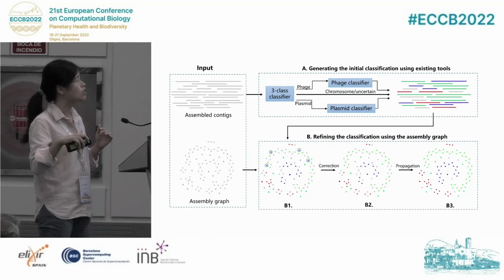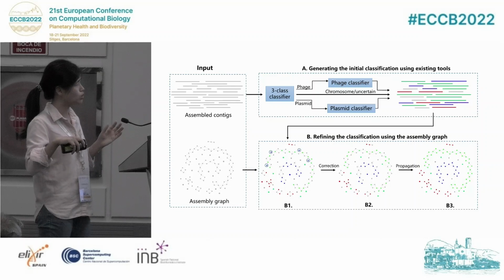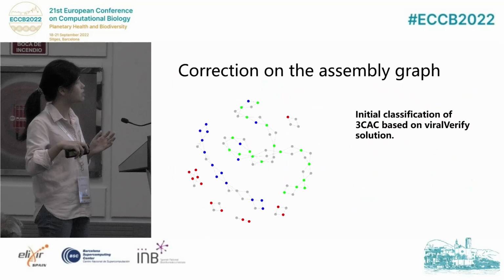So we further use the phage classifier and the plasmid classifier to filter chromosome contigs in the phage and plasmid classification. Then we get an initial classification with high precision on long contigs. In the second phase of 3CAC, we project the classification to the assembly graph, and then we use the connection information in the assembly graph to do correction and propagation. I will show more details about correction and propagation in the following slides.